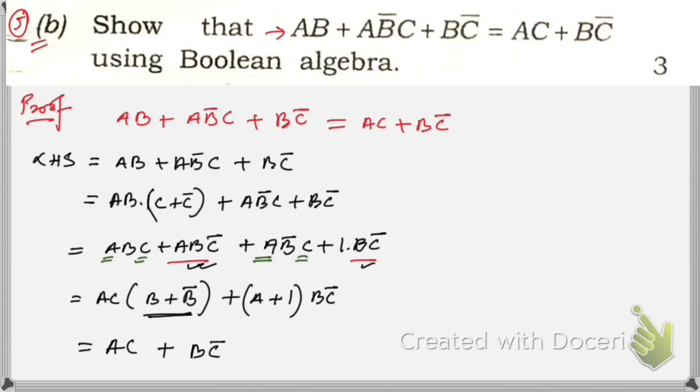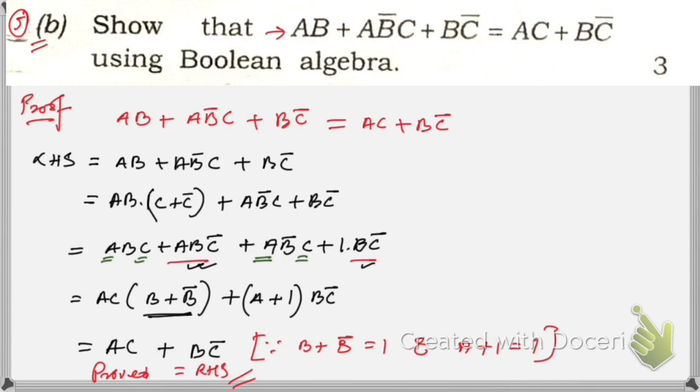Let me write the properties that I have used here: B plus B complement is equal to 1, and A plus 1 is again 1. So this relation is proved now. This is your right hand side. Hope you have understood this.